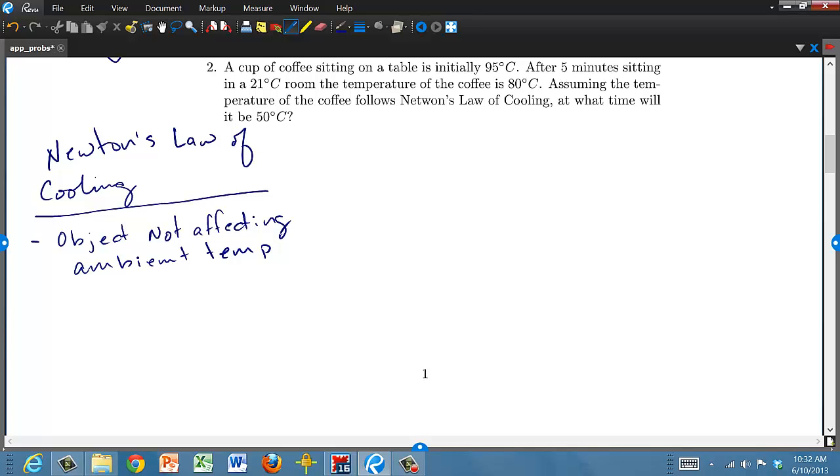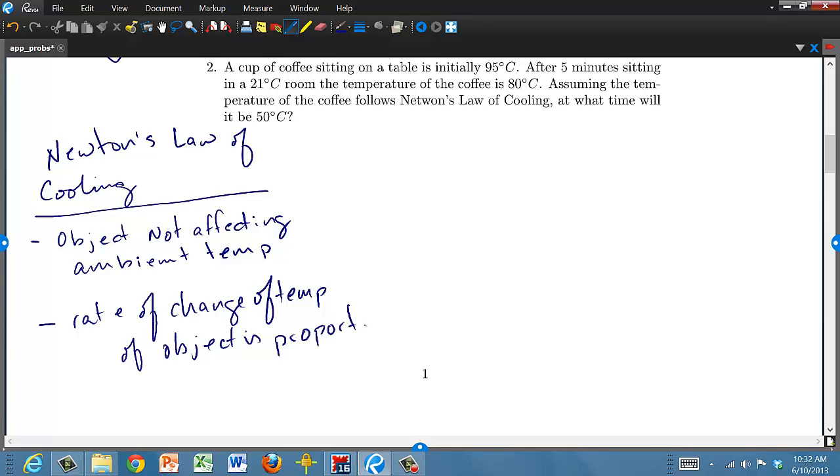Newton's law of cooling says that the rate of change of the temperature of the object is proportional to the temperature difference between the object and the ambient temperature.